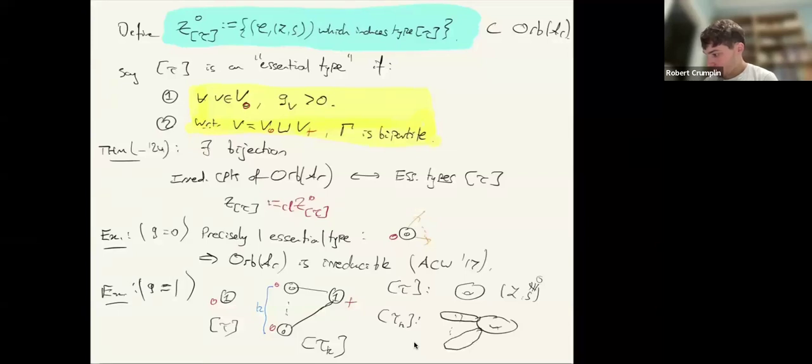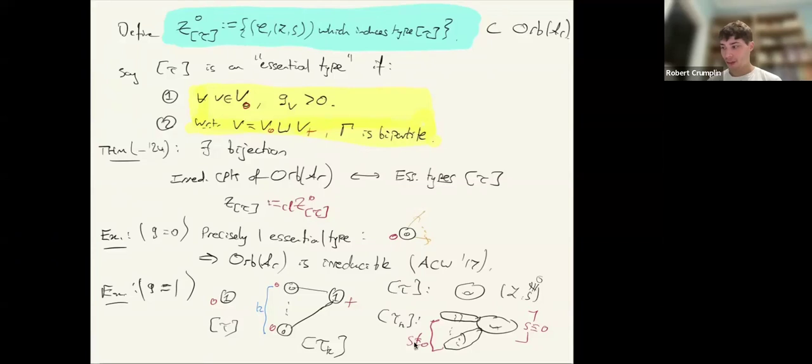Now there are k rational tails corresponding to these k vertices labeled 0. The section has to vanish on this elliptic curve, but it can't vanish on these rational tails. So somehow these loci are big enough to not be included in the closure of the locus with smooth domain. So there's something funny going on.